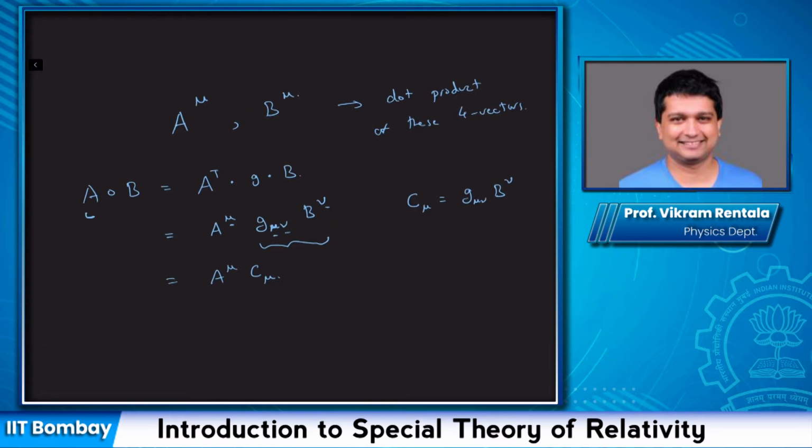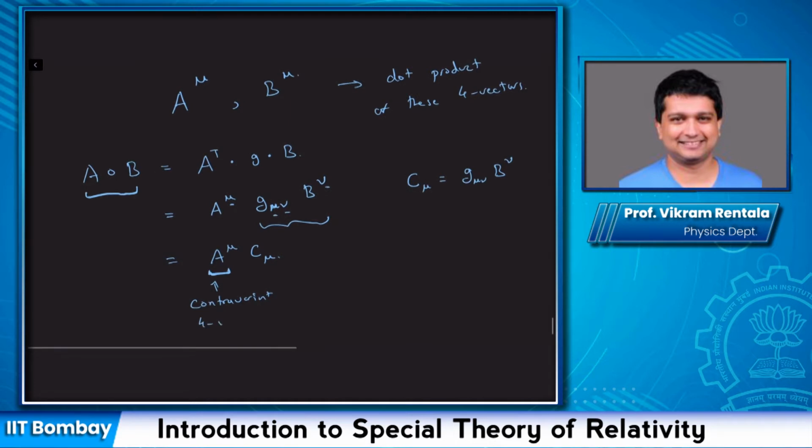The dot product of A and B is related to a simple product between A, which is a contravariant four vector, and C mu, which is a covariant four vector derived from B. So when taking these dot products, sometimes it's convenient to switch from contravariant to covariant four vectors, in such a way that you can write the dot product very simply without explicitly writing the matrix G.